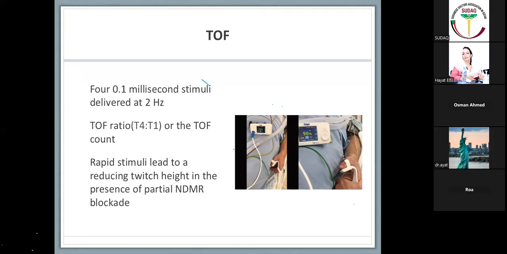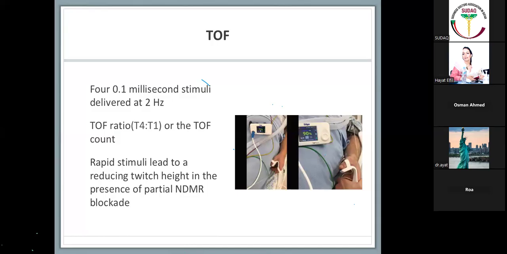Then T4 will disappear totally. You will have 3 waves at 25% of the original height. Okay, so when T4 disappears totally, then T1 will be only a quarter of its original height. So they go like that in a sequential manner.